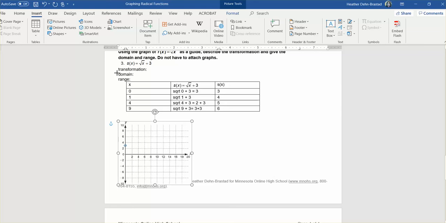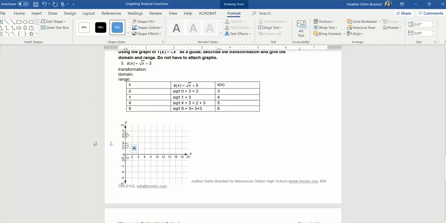There's a point, and I'm going to copy that point and paste another one at 1, 4. So here's 1, and I have to go up to 4. That's good enough. And then I need another one at 4, 5. So it's not linear, it's going to curve. Come on, it won't let me go at 5.